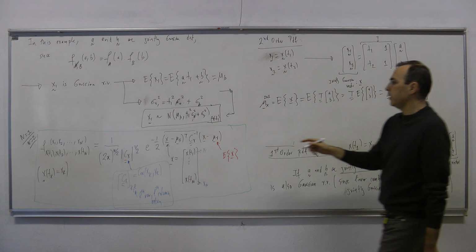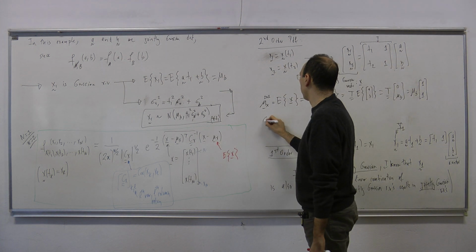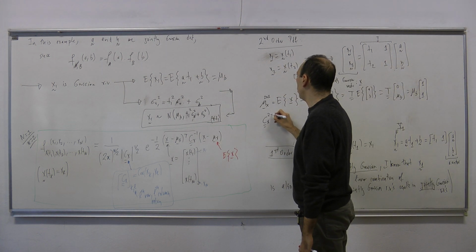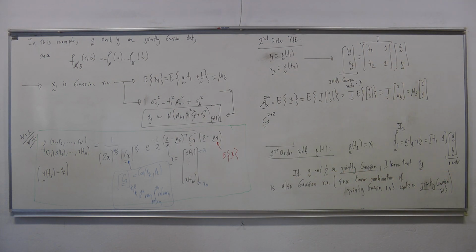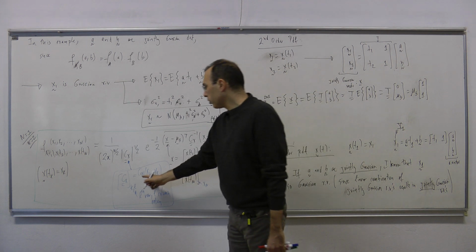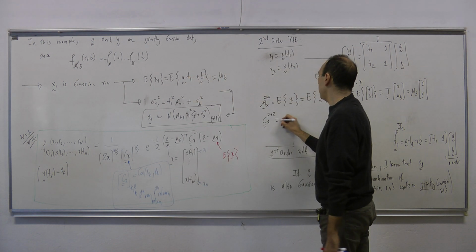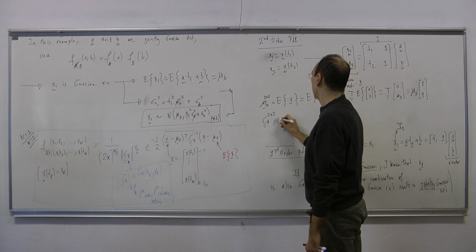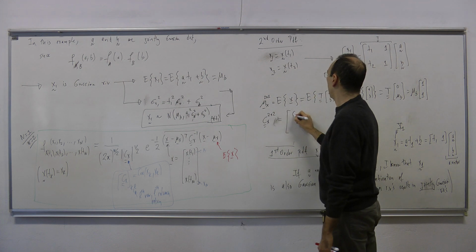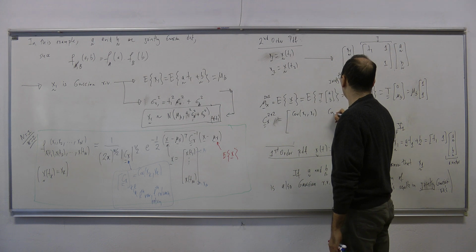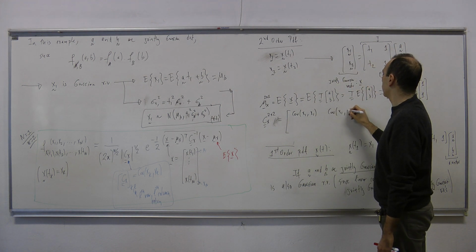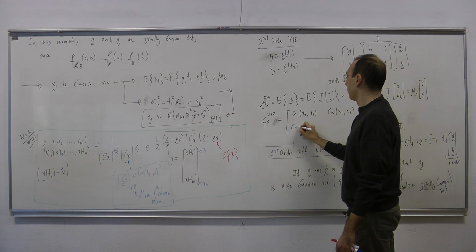So how about my Cx matrix? Cx matrix is a 2 by 2 matrix. So I want to calculate that. But as we have said before, to define this matrix, let me write this, because this is covariance of x1, x1. Covariance of x1, x2.